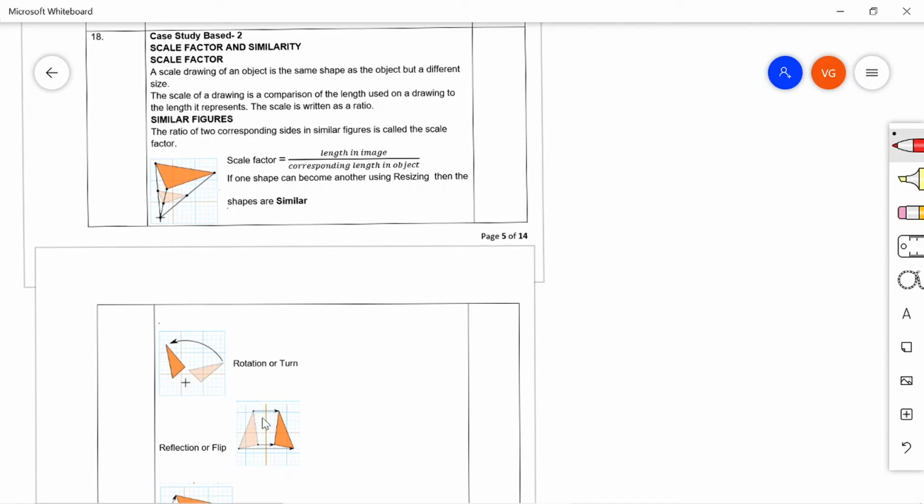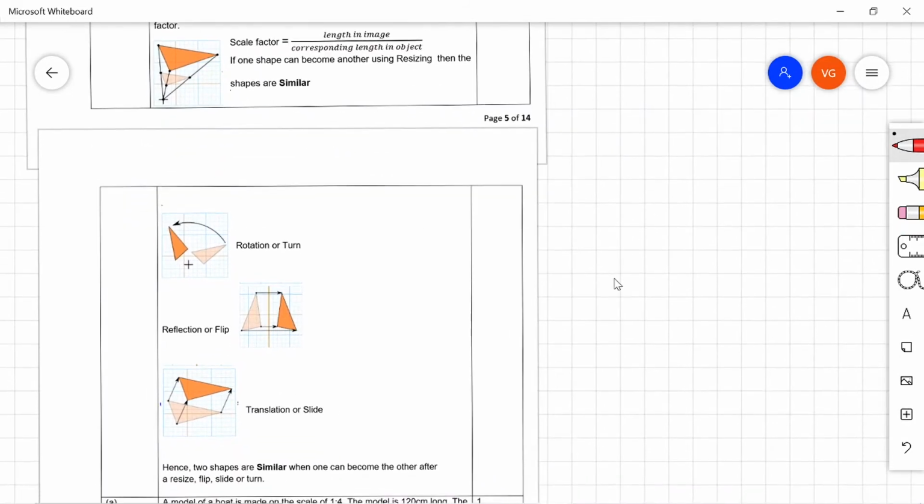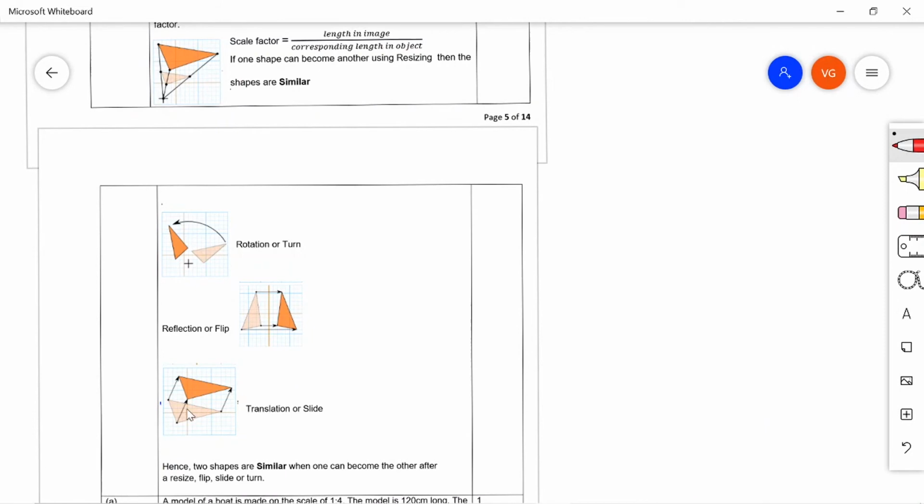Then reflection or flipping of the figure: they have taken the mirror reflection of this triangle, and then also we can say these two pictures are similar. Then they have defined translation. You have a figure here, and they have just moved it to another position, which we call translation or slide. Then also we say these two pictures are similar.